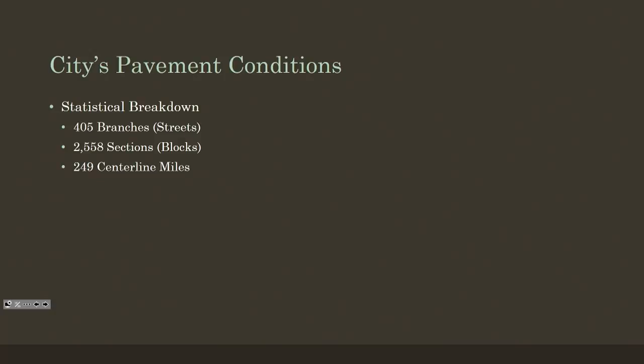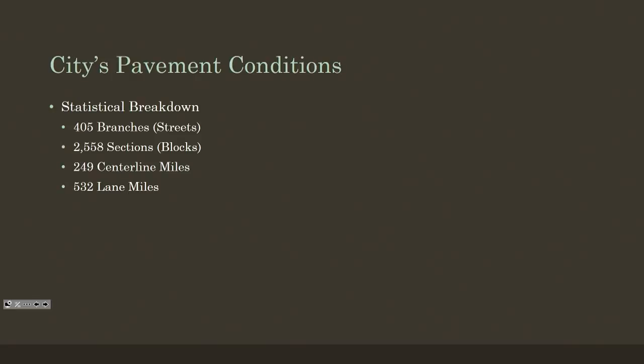paved centerline miles. Now, we've seen some graphics that we've come up with before that says we had 290 miles of center lines. Well, some of those aren't improved. Those are platted right-of-ways, but they're not all the way built. All of the streets that are paved, either with gravel, asphalt, concrete, those are all categorized, and we have 249 centerline miles. 532 lane miles, so your typical residential street has 2 lanes.